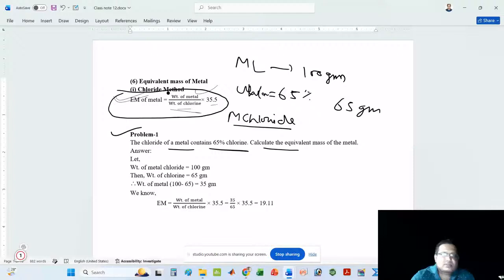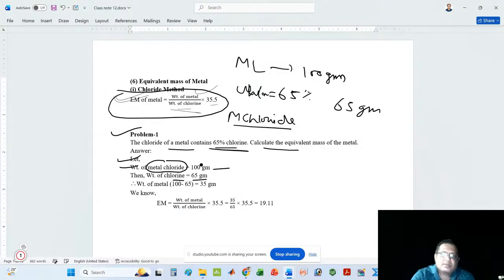So first in this problem I can write the given data. Let the weight of metal chloride be 100 gram. If metal chloride is 100 gram, then obviously the weight of chlorine is 65 gram, because the metal chloride contains 65% of chlorine.